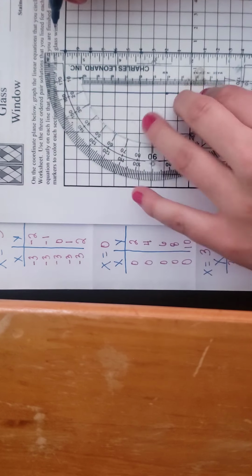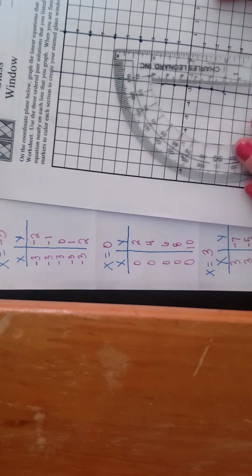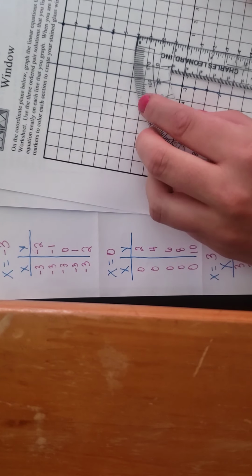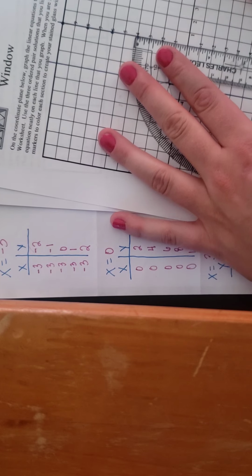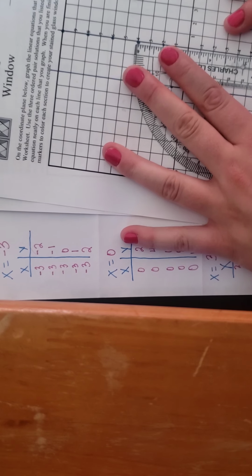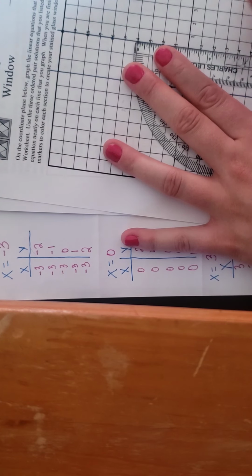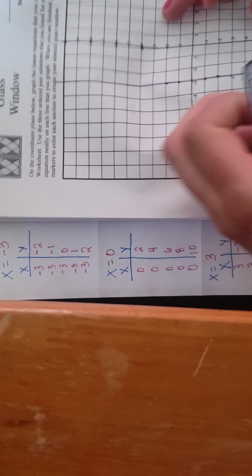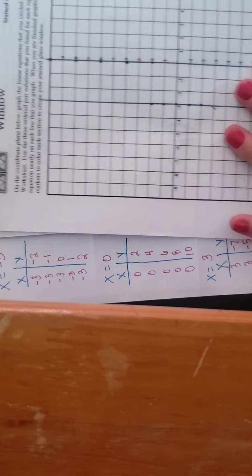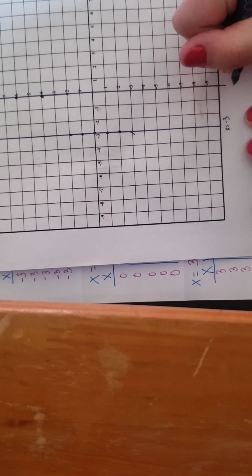As you guys keep doing this, you might be able to even kind of skip forward in your pattern because you might be getting the idea behind it, which is fine. But if you're struggling, then you have those 5 points to graph the entire time. So like I said, this one is x equals 0.